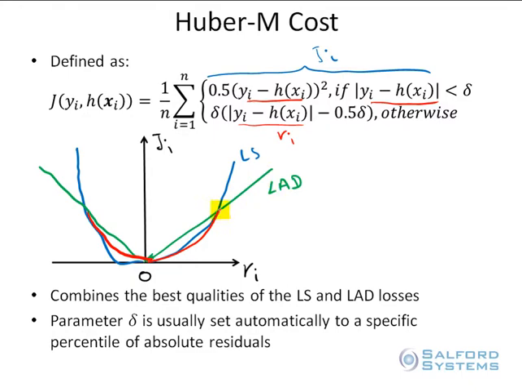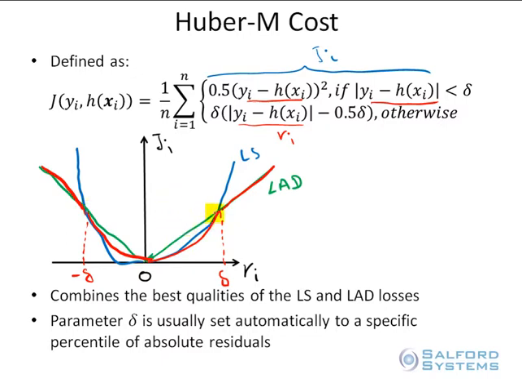And then after reaching a certain threshold point that we'll call delta, so this is going to be plus delta and this is going to be negative delta, once the residual increases in absolute value past that threshold, it starts following LAD loss.